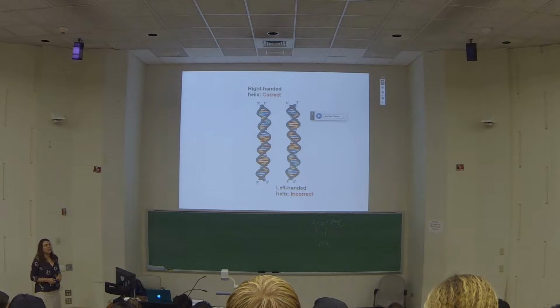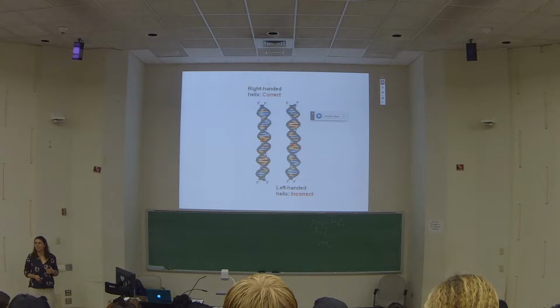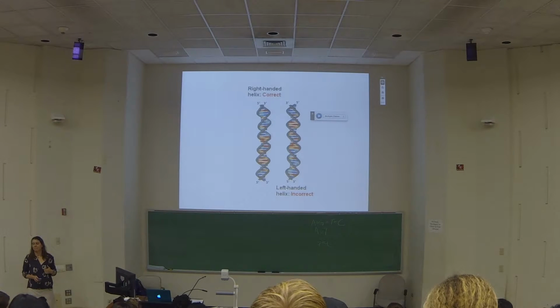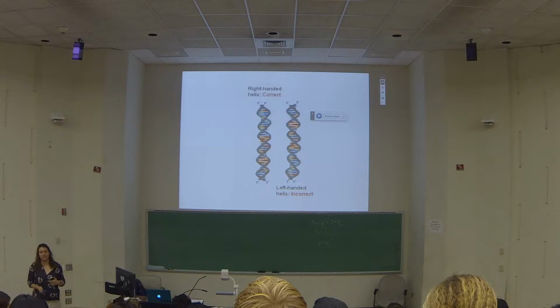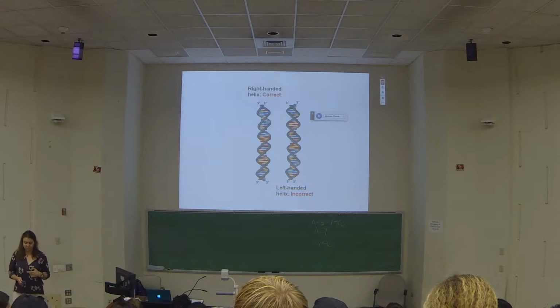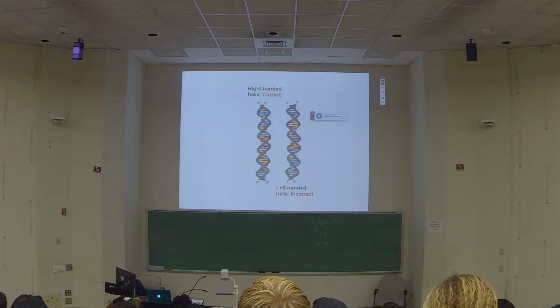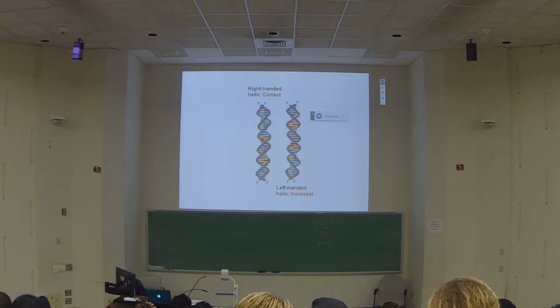Why does DNA want to form this double helix twist? Forming those grooves. Anybody know? Bonding gives us the grooves. What gives us the twist? Base stacking.